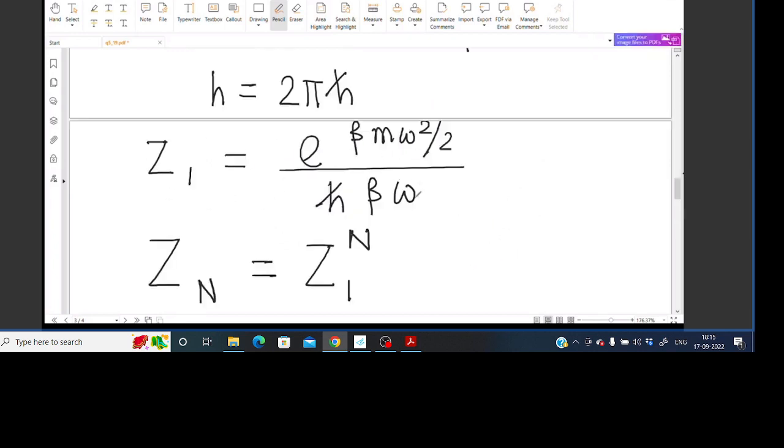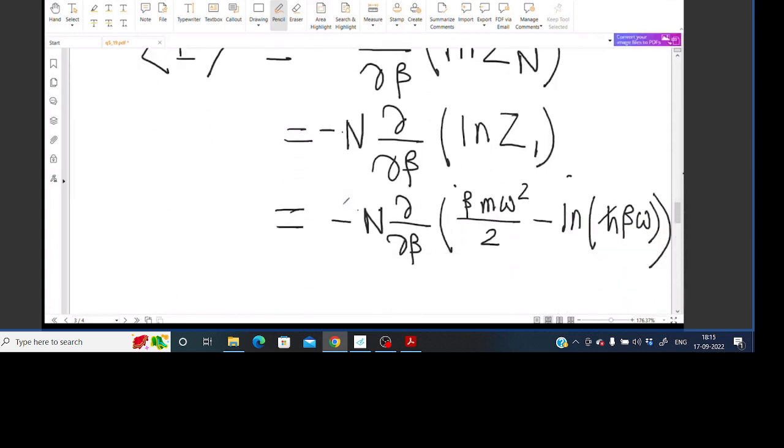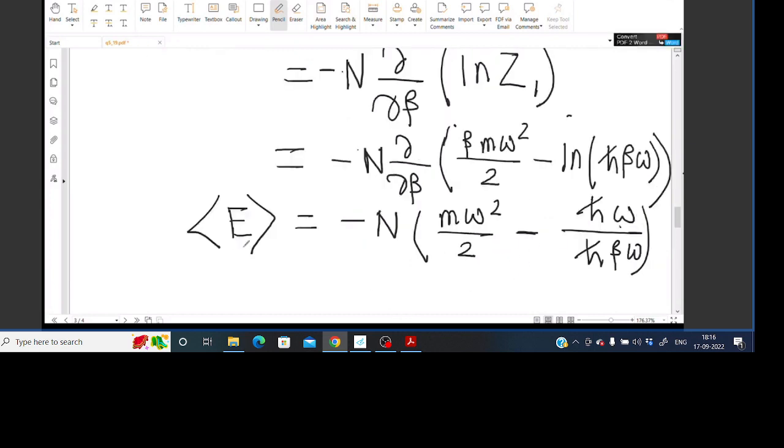Using this equation, we get that log Z1 is equal to beta m omega square by 2 minus log h cross beta omega. After differentiating with respect to beta, we get the average value of energy is equal to minus n into (m omega square by 2 minus h cross omega by h cross beta omega).